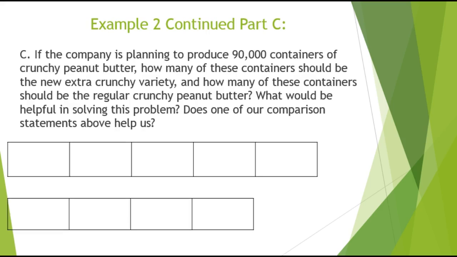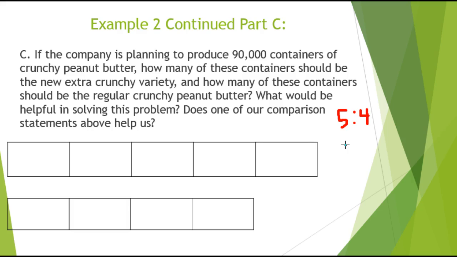So let's look at the solution for this. I've started out by representing with a tape diagram because earlier in the comparisons I had a statement that told me that I had a 5 to 4 ratio of extra crunchy to regular crunchy. So I had a 5 to 4 ratio.